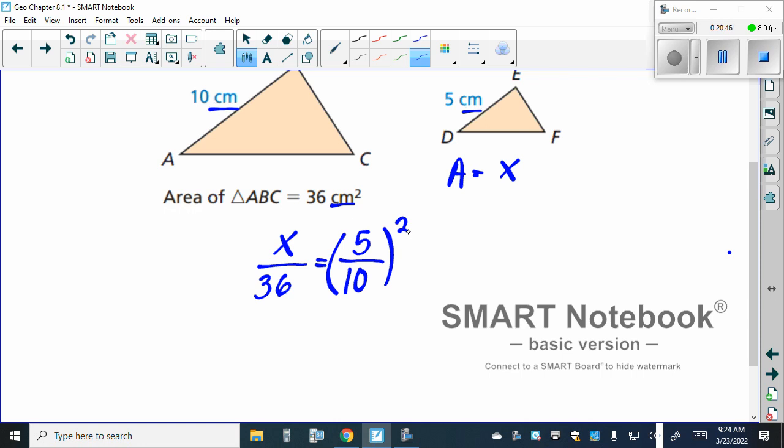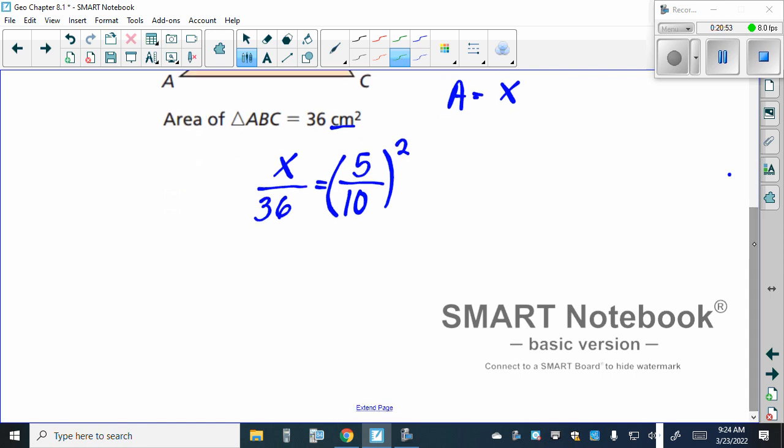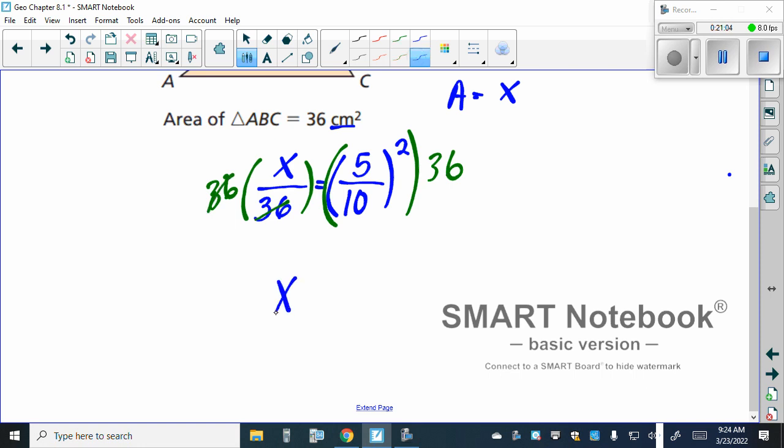So this here, we can square this at this point if we want to. Or what did we do in the other ones? We multiplied both sides by the bottom of the fraction, and these would cancel, telling us that x is equal to 5 over 10 squared times 36. And we could type it in the calculator at this point, just as we have it.